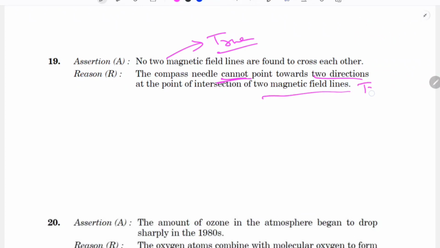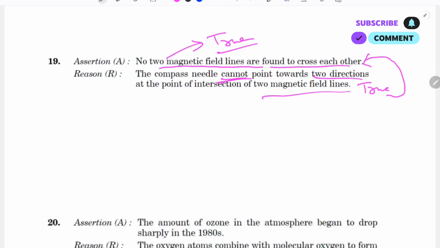So this is also true. The given reason is valid for the assertion. Both assertion and reason are true and the reason is the correct explanation of the assertion. So the correct option here is option A.